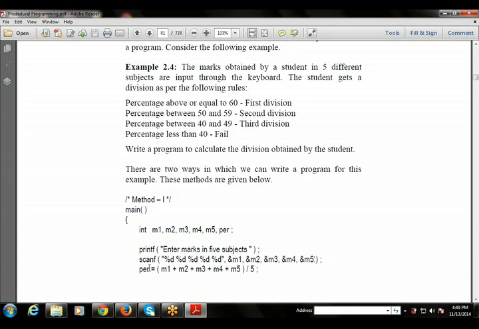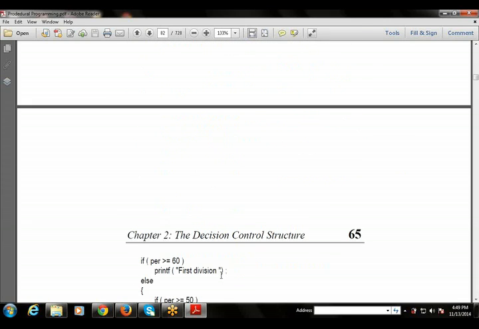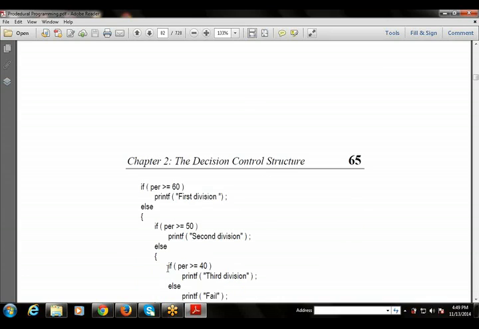Then calculate the percentage, that is adding all the marks, M1, M2, M3, M4, M5, sum them all together, then divide by 5. Now calculate the percentage. If the percentage is greater than or equal to 60, this is the if condition that is used, then printf the first division.